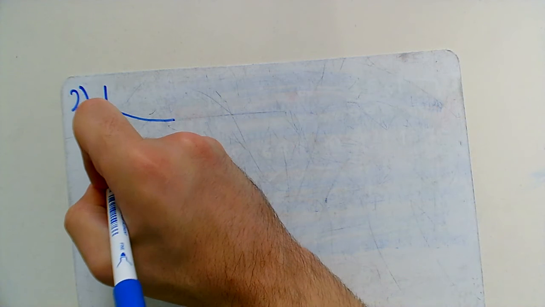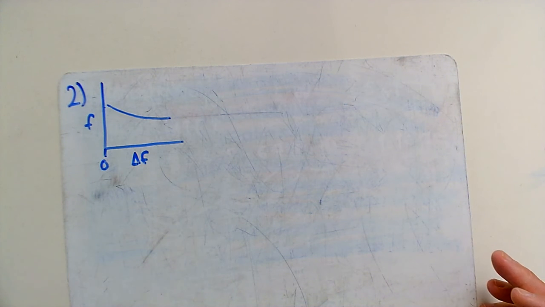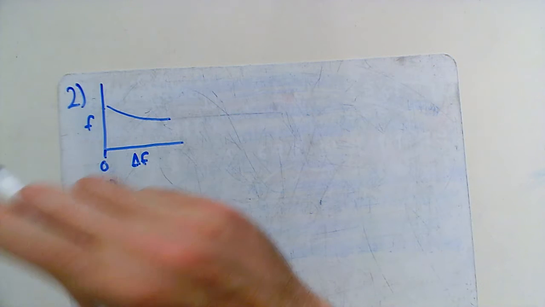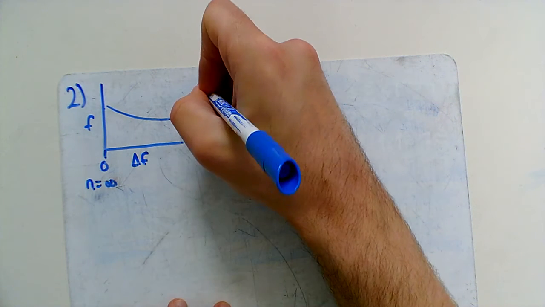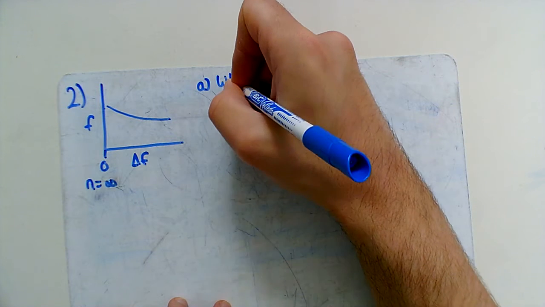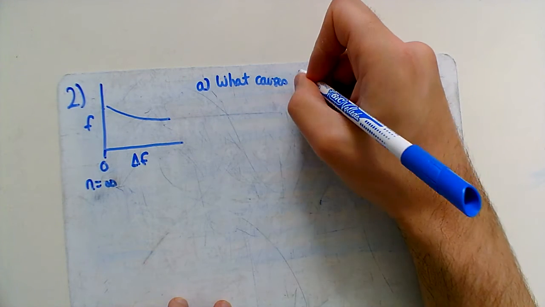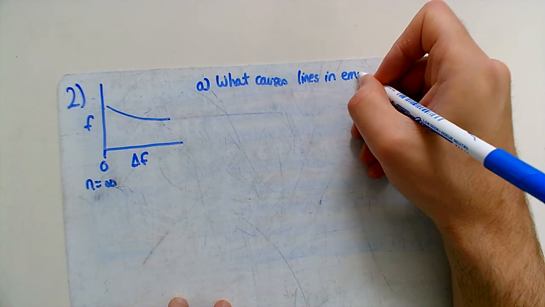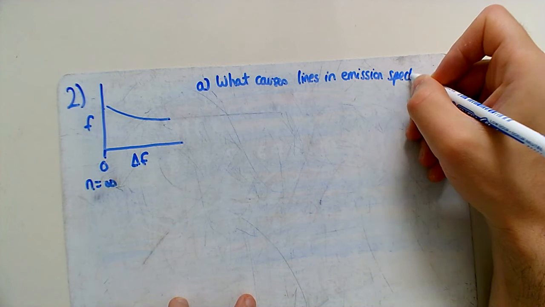And it was basically saying at point 0, you're reaching n equals infinity. And there were a few different parts to this question. The first question was, what causes lines in an emission spectrum?